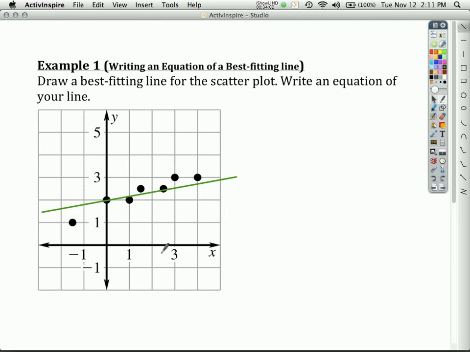John? The bottom one is clearly too much off. The bottom one? What do you mean the bottom one? One comma negative 1 is all the way over here.